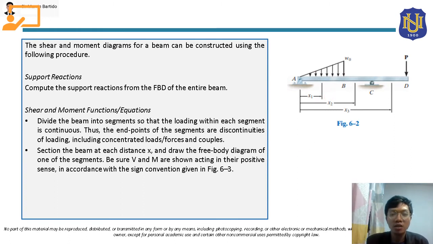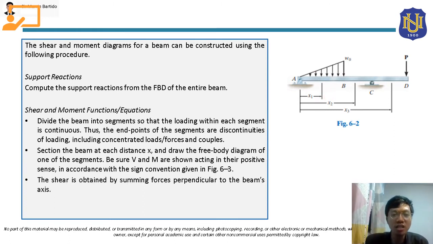Okay. So after that, class, the shear is obtained by summing forces perpendicular to the beam's axis. So we are going to use the equilibrium equation here, class, to solve for the shear. Let's say here for segment AB, we cut a section x sub 1 distance from the left. So we consider this left segment.